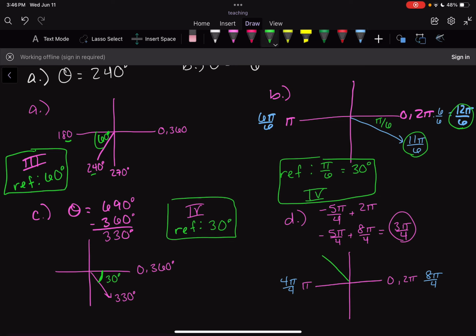So it's going to be like right here. So my reference here, the distance from 3 pi over 4 to 4 pi over 4, is pi over 4. Remember that that's the same as 45 degrees. And I was in quadrant 2 for this one.